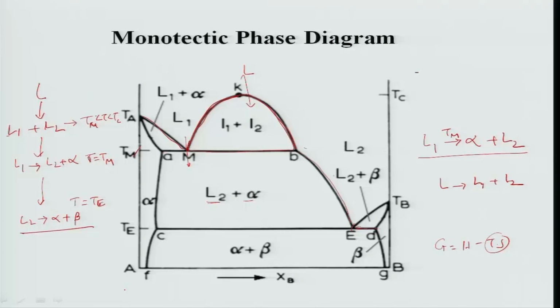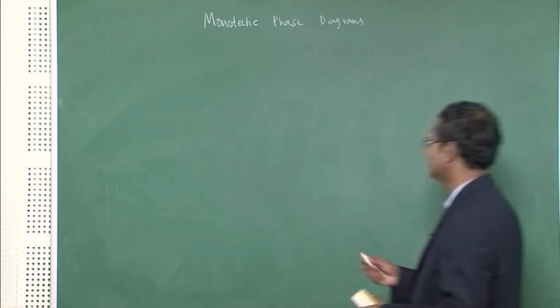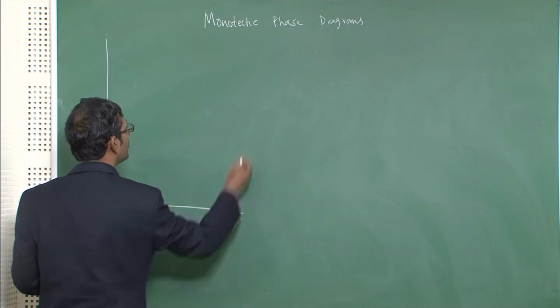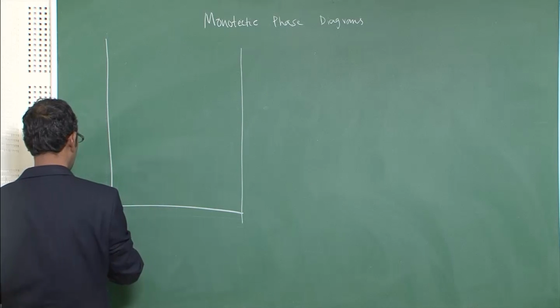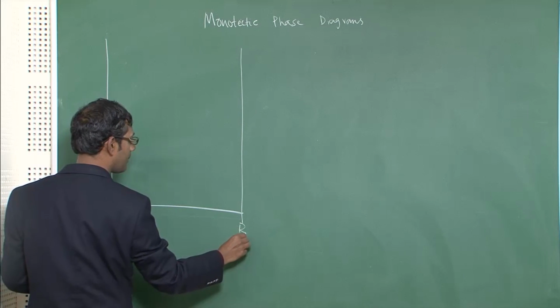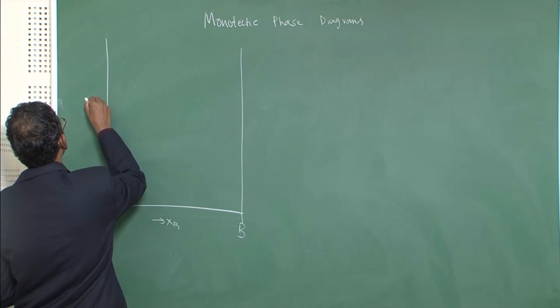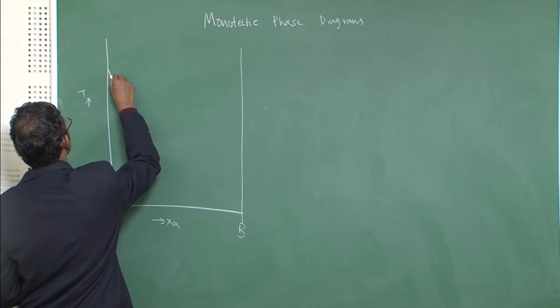So, let me just go to the board and show you how these free energy versus composition diagrams will look like. First, I will draw the same monotectic phase diagram which I drew in the last class. This is for any system A and B, as a function of composition and temperature.